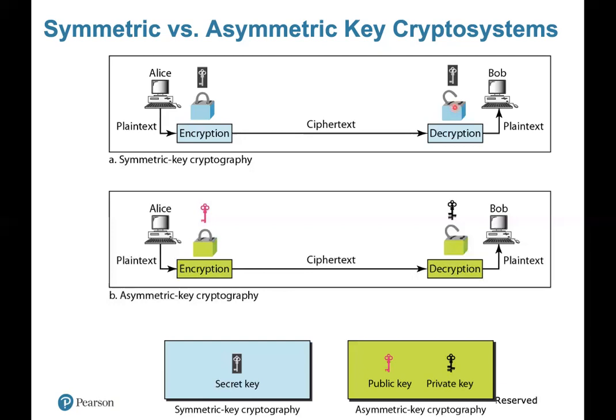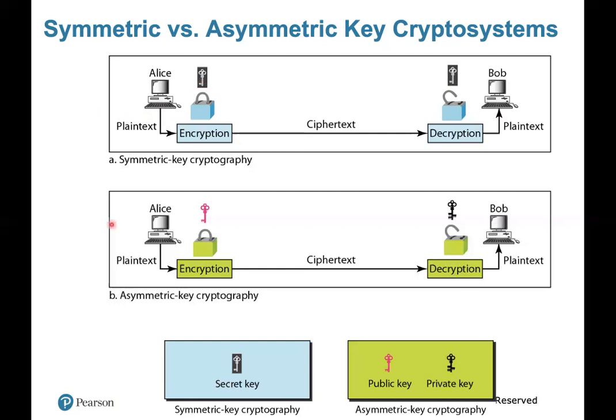In symmetric encryption like here, at both the sender and receiver, or the encryption side and decryption side, we use the exact same key. So you see these two keys are exactly similar, and anyone who has the key will be able to do both the encryption process and the decryption process.